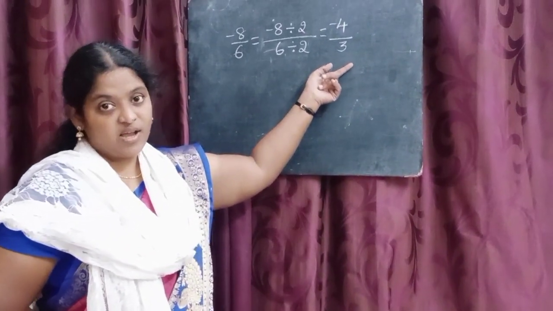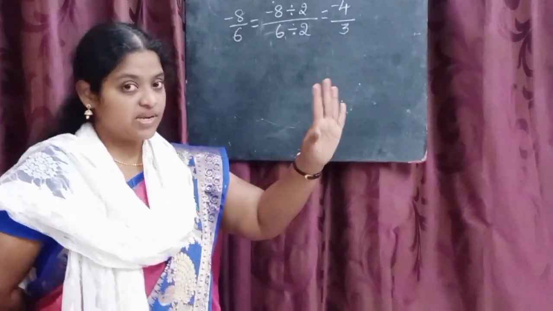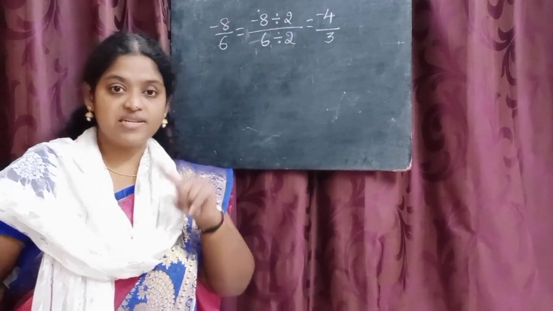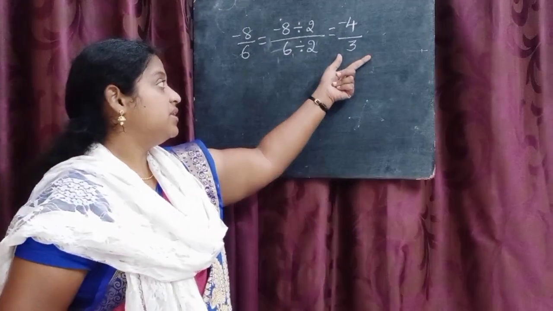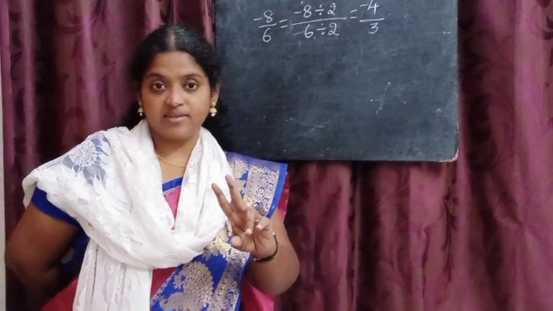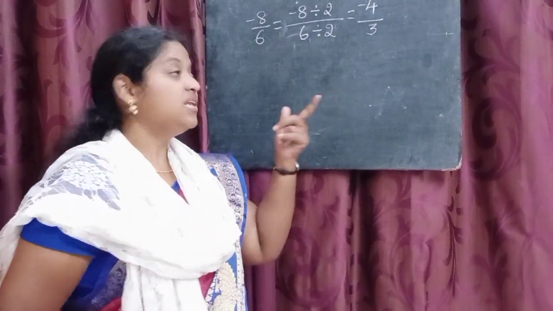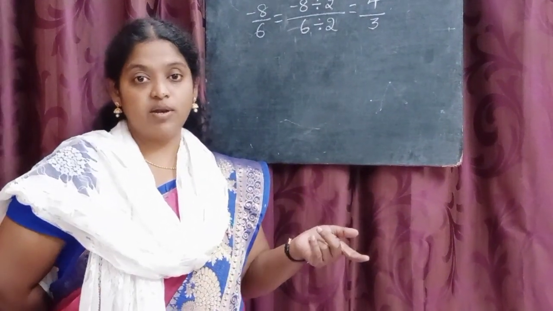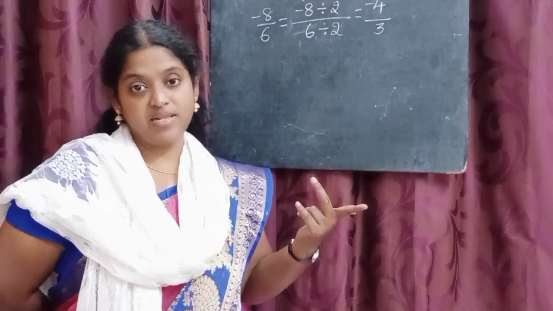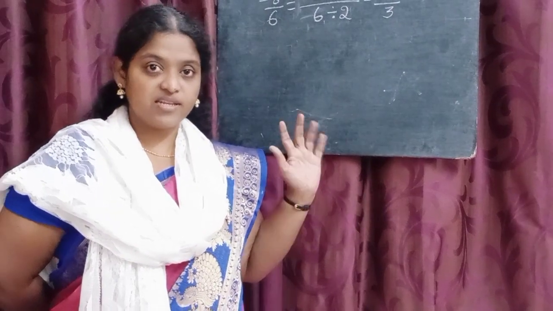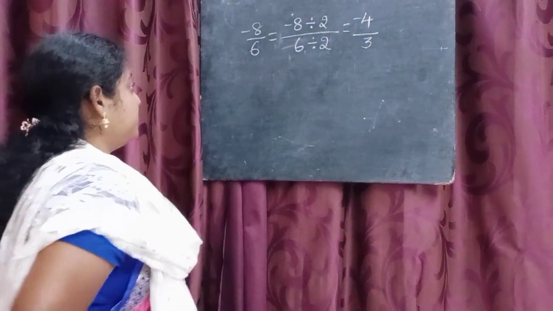Okay. It will only be in 3 table. 3 ones are 3. And in 1 table, 1 3s are 3. So, the number which is having only 2 factors. One is common factor 1. And the other one is the number itself. Okay. Then we will call it, and then we can say that that number is prime number. Clear? Understood?